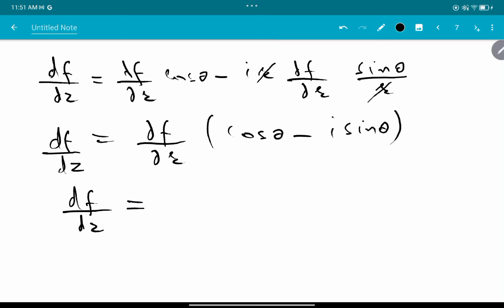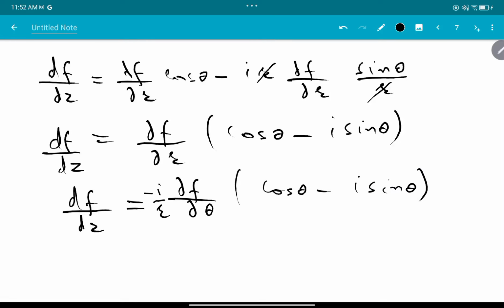The method is as I have shown you, where you have to make a change, and at that point del f by del z will come out to be del f by del theta, then there will be one more thing, that is minus i by r, which is not here, and you have again cos theta minus i sin theta. That is the end of CR equations in polar coordinates. Thank you.